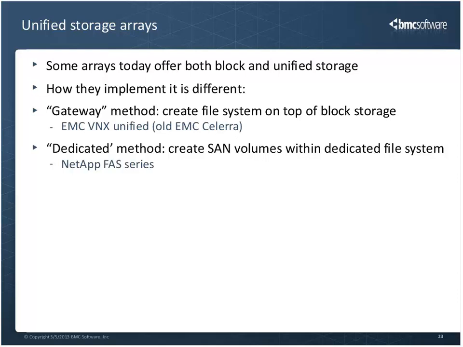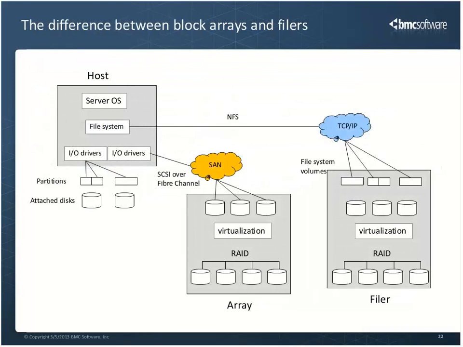And then there's a dedicated method, which is mostly used by vendors that used to offer an integrated appliance which offered filers. The most common example of this is the NetApp FAS series. The NetApp FAS series were integrated in terms of offering file system volumes in such a way that, if you look at the previous slide, let me go back there. If you look at the bottom right of the slide, you see the filer picture.